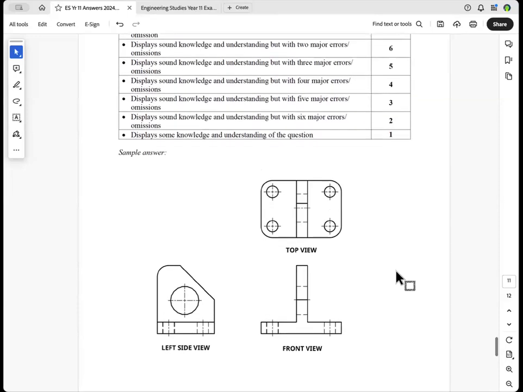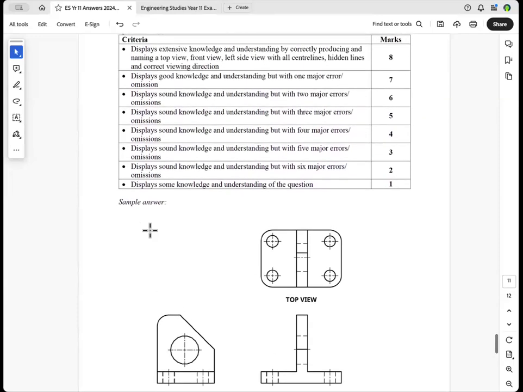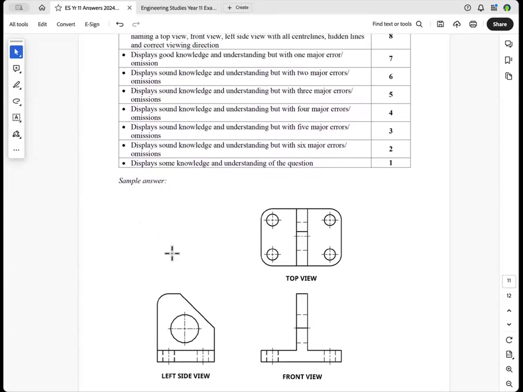These are a couple of things that you went wrong with. If you had these views scattered all over the place, you're battling to get half marks. They've all got to be in projection. This has to be directly above that one, so you project one off the other.